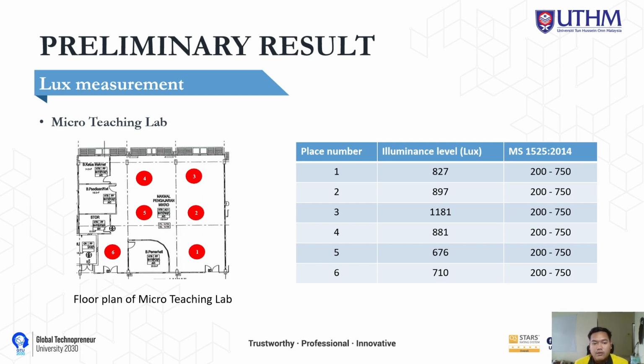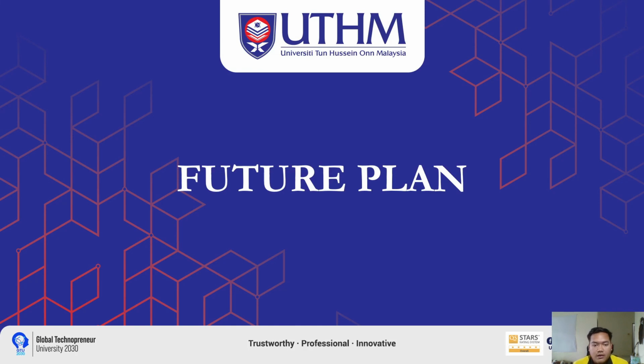I'm not sure about the usefulness of the lamps, but I suggest the lamps should not be there because they are not suitable to be there. The result of the luminance level is high and does not follow MS1525:2014. So I can conclude that I need to give a suggestion on the electrical energy consumption in this room.